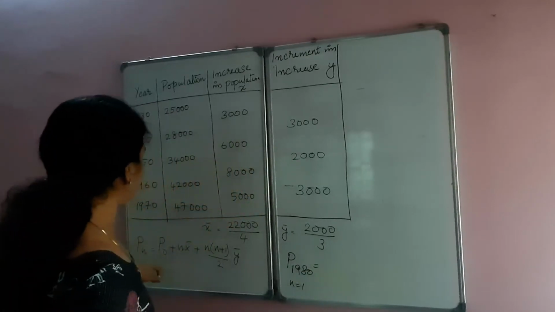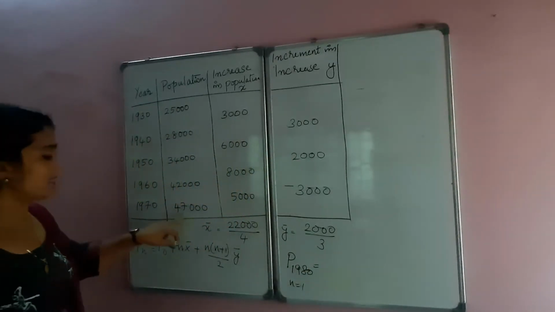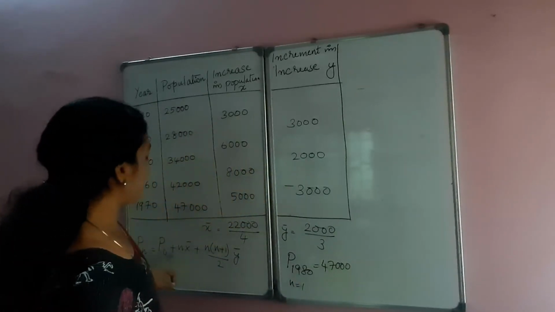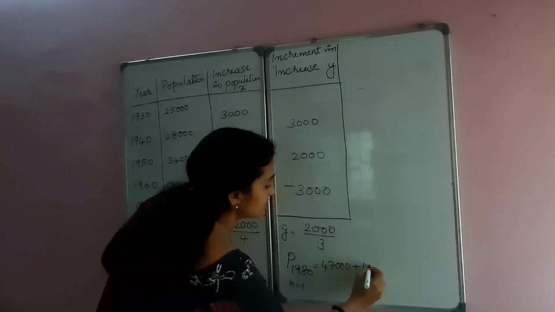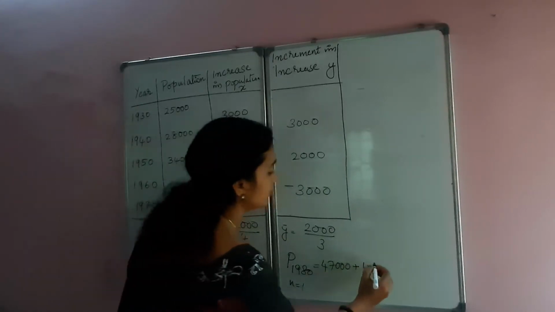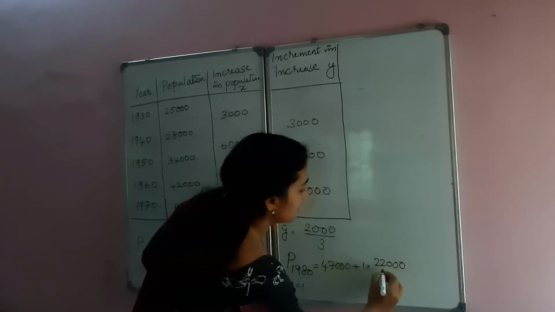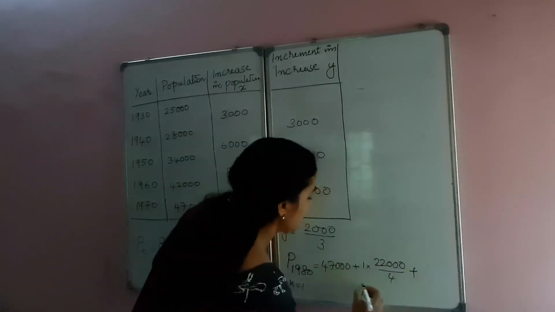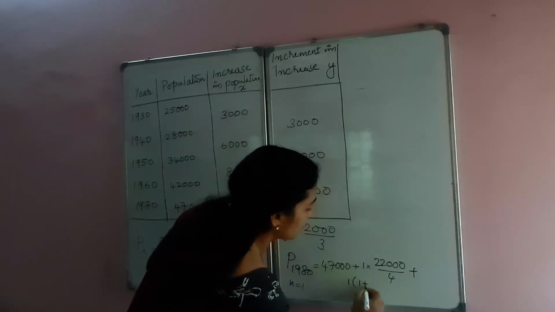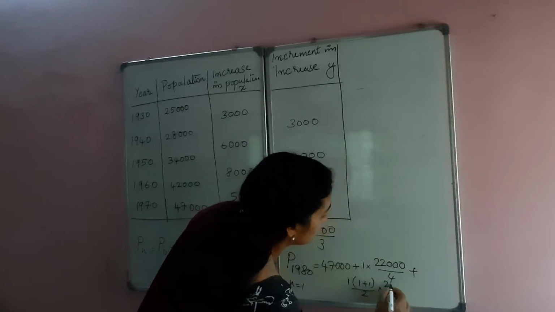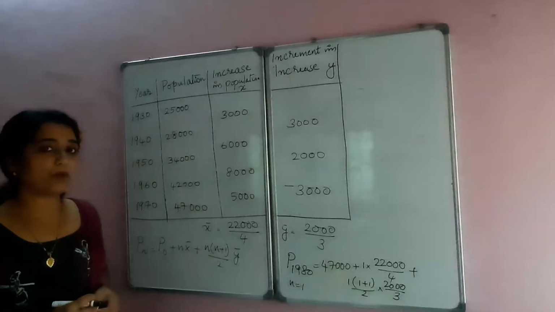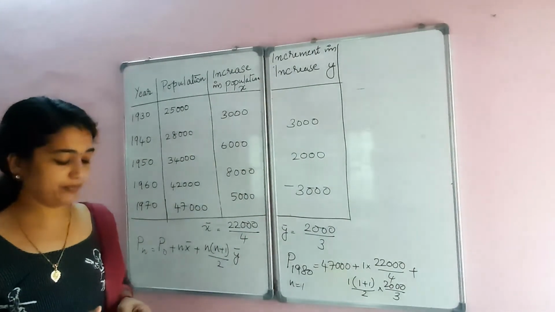Then it is equal to P0, which is 47,000, plus n is 1 into X bar, 22,000 divided by 4, plus n into n plus 1, that is 1 into 1 plus 1, divided by 2 into Y bar, 2,000 divided by 3. This is the population in 1980.